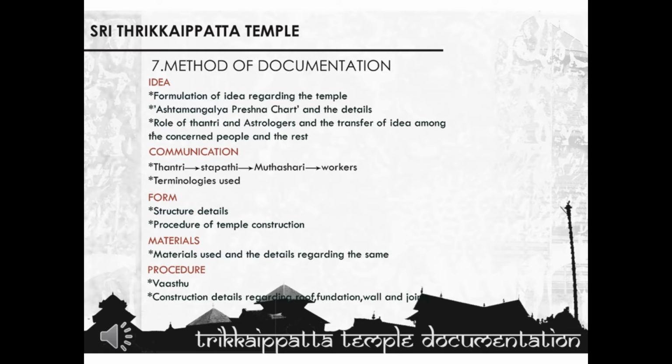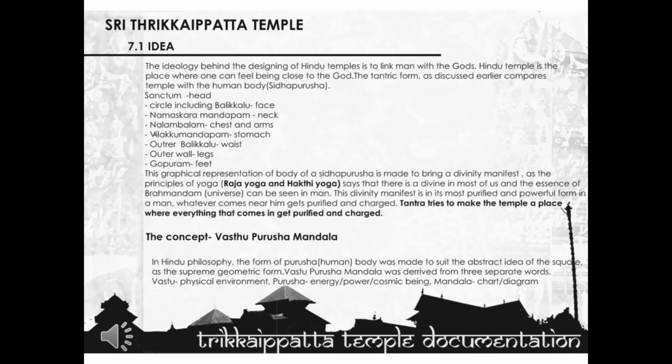Next, communication involves the communication between Tantri to Sthapathi, Sthapathi to Mutashari, and Mutashari to workers, and also the various sets of terminologies used for communicating. And the form involves the structural details as well as architecture details, the procedure of temple construction, etc. And the materials involve the materials used and the details regarding the same as well as the various construction techniques.